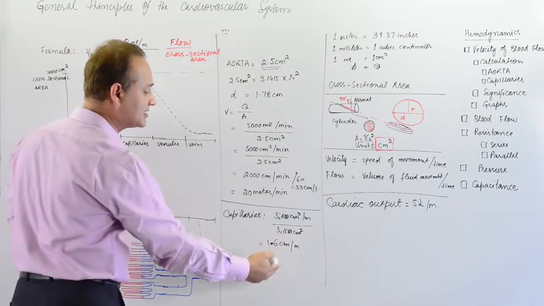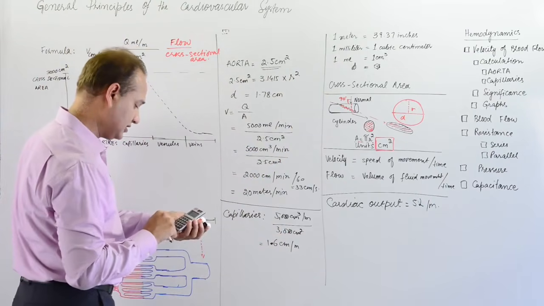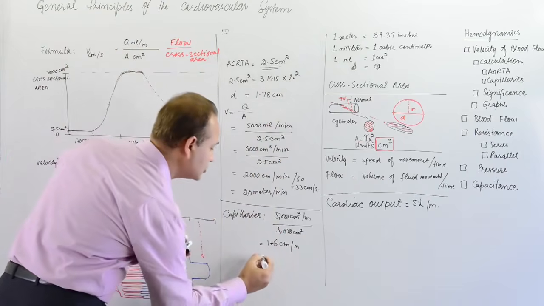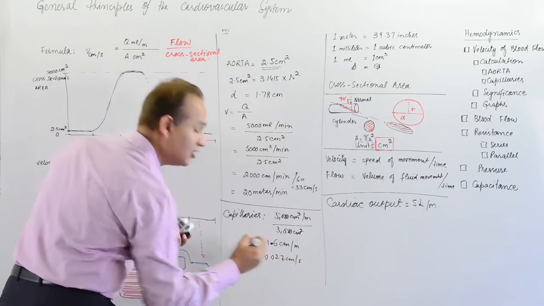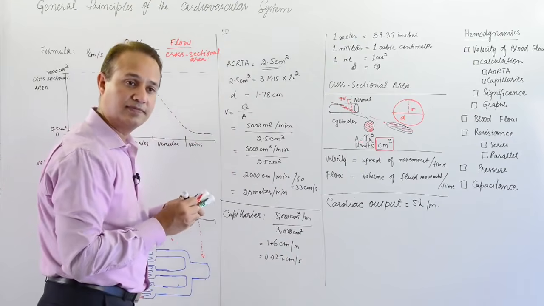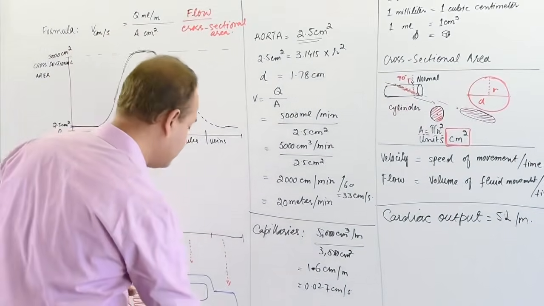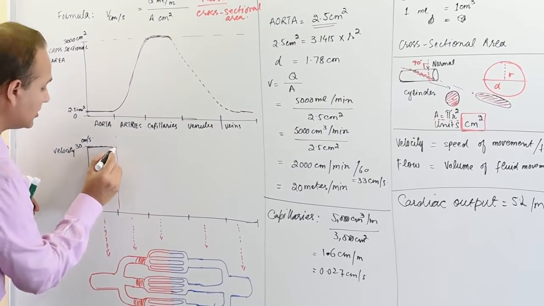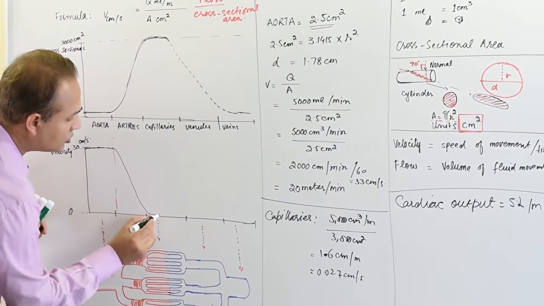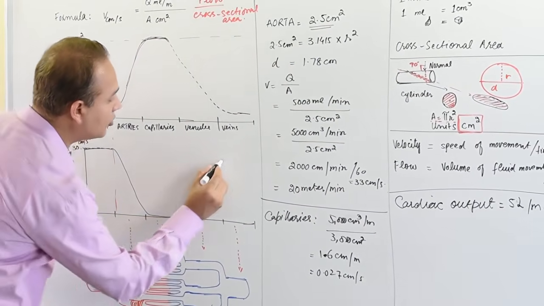And if you divide it by 60, it becomes 0.027 centimeter per second. Almost you can't even see it moving. So the blood velocity would almost go down to 0, and then it would go back up.